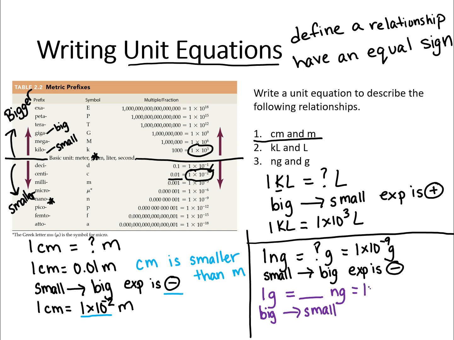We still need our number, that exponent from the chart. But in this case, our exponent's going to be positive because a gram is bigger than a nanogram. So we're going to have more than 1 nanogram to have 1 gram. So you take the same exponent, the 9 from the chart, but instead of it being negative, it's now positive.